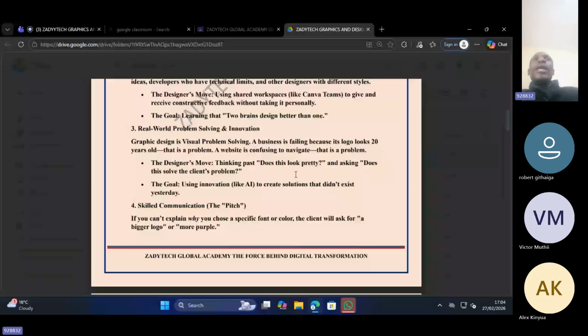Of course, even real world problem solving, as you continue working on it, must have a goal. What is the goal? Using innovation like AI to create solutions that didn't exist yesterday. So when you come to problem solving, that's why you can now integrate AI.